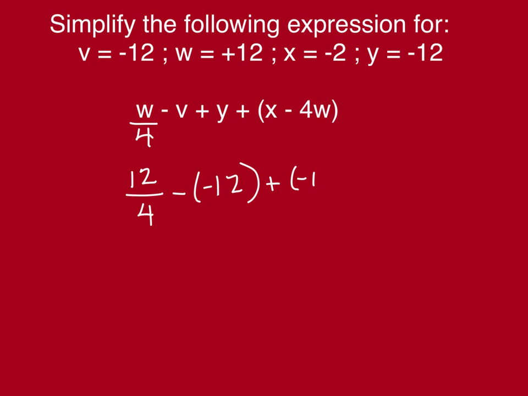That's funny that I did that. Anyway, plus the quantity of x, which is negative 2, minus 4 times w, which is positive 12.